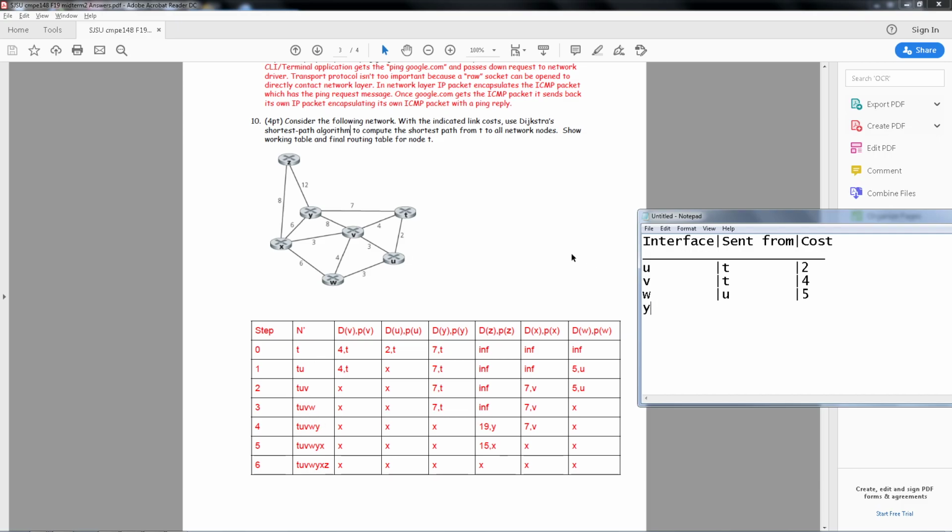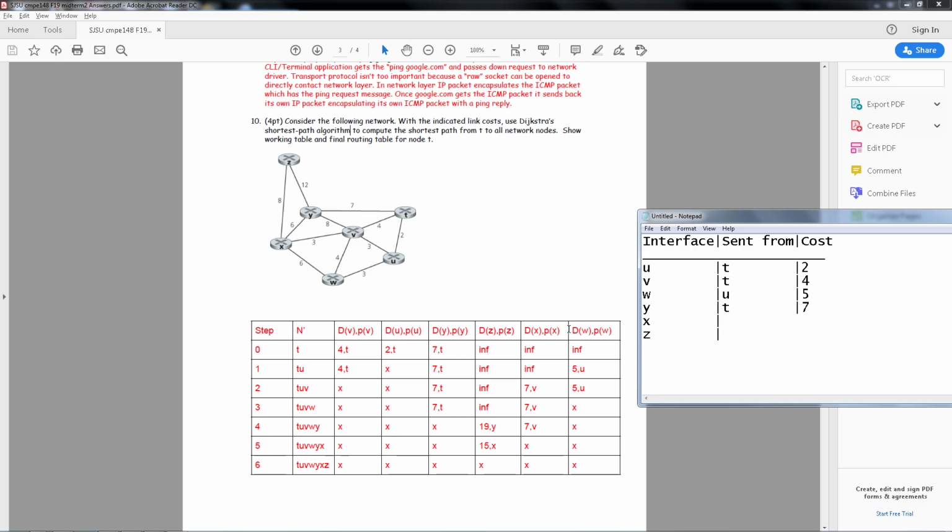And then Y would be next, let's just hurry up and write X and Z, and just do it like that. And so from Y, we are coming from T. So that's how I would do that. And the cost associated with it is a 7.